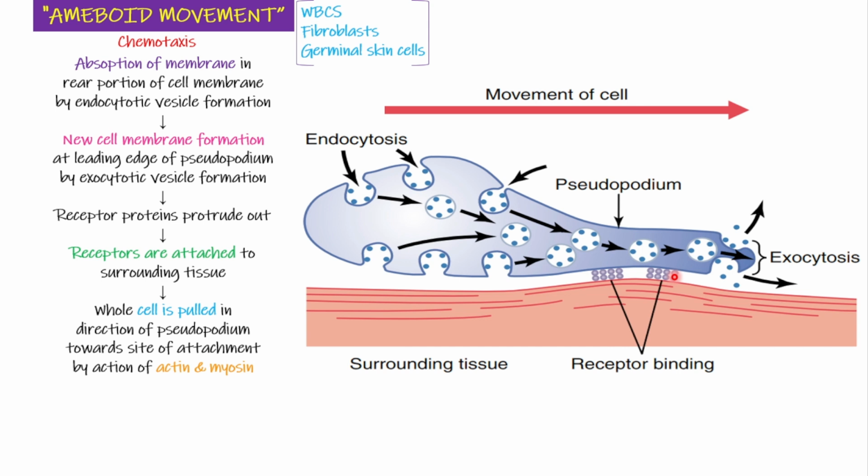The whole cell will be pulled in the direction of the pseudopodium, towards the site of attachment, by the action of actin and myosin present inside the cell. So this whole movement is known as amoeboid movement, and WBCs, fibroblasts, and germinal skin cells all perform amoeboid movement.